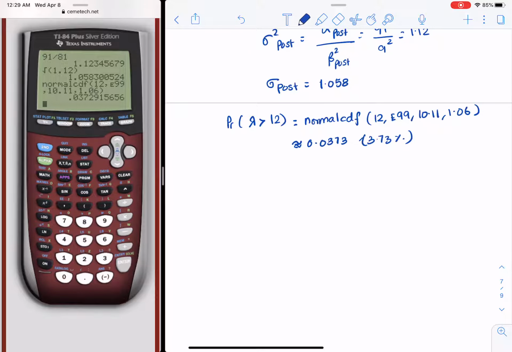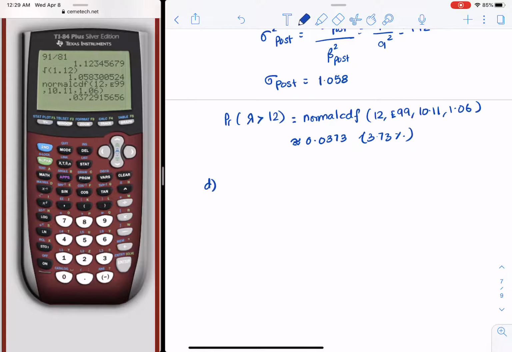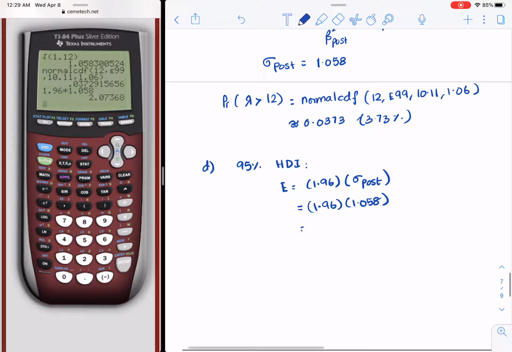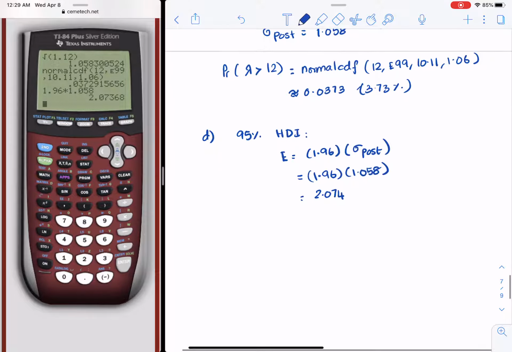So we next find a 95% confidence interval or high density interval. First step is to find the margin of error, which is the critical value 1.96 multiplied by the standard deviation. So we have 1.96 times 1.058. That is 2.074.